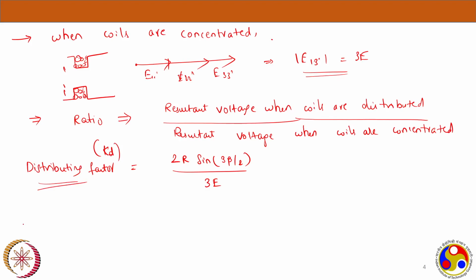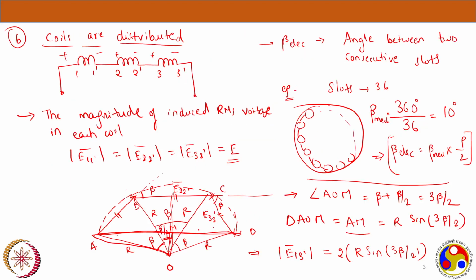Now we got the KD, but KD is in terms of r, because I can calculate beta and the resultant voltage, which is what we want to calculate. But r is something which we don't know. Now, what could be the value of r? Again, we will go back to our phasor diagram, and try to get the value of r somehow in terms of known quantities. Let's go back to our phasor.